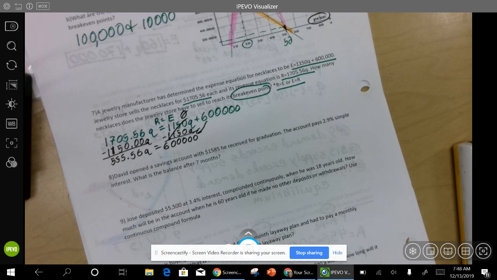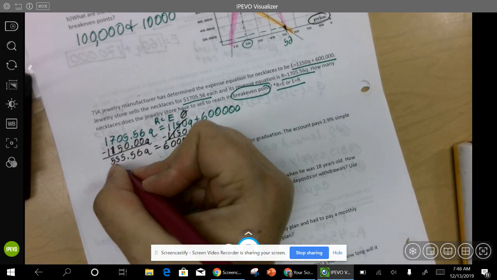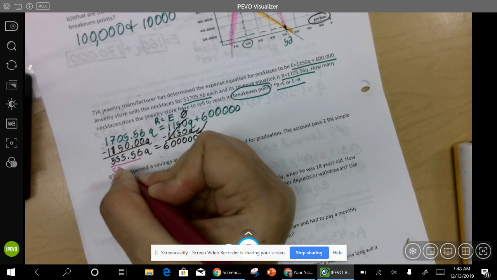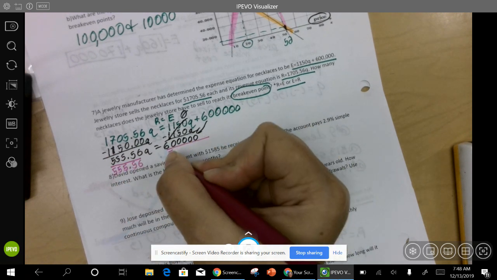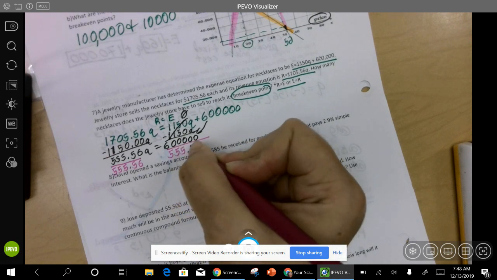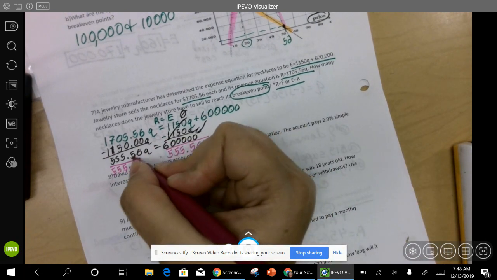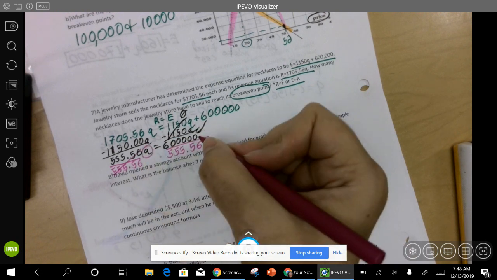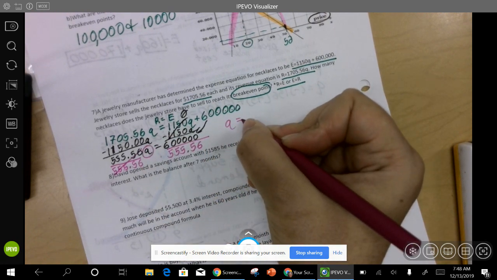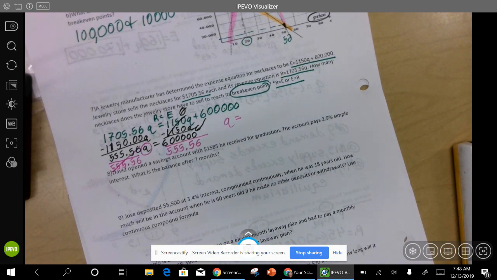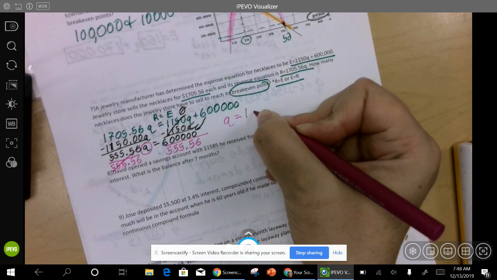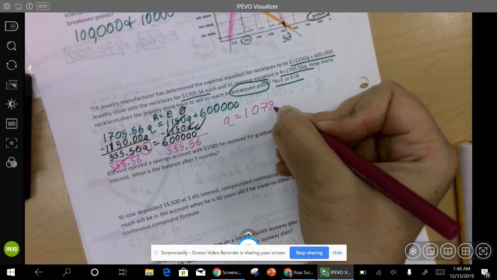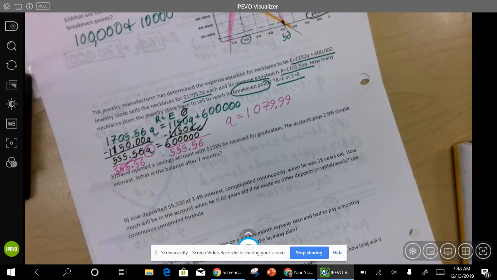And then I'm going to divide each side by the $555.56. I'm going to divide each side because I need to get Q by itself. I get quantity is equal to 1,079.99.